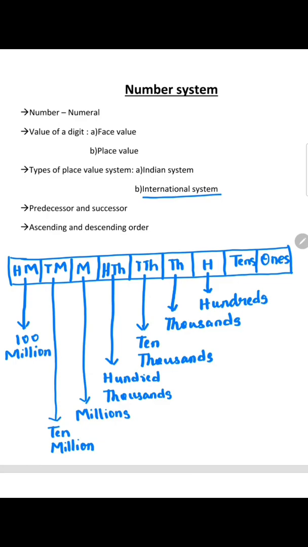After millions place, we have 10 millions place. After 10 million, we have 100 million. And after 100 million, we will have billions place. So this is how we have the order of places according to the international system of the place value system.